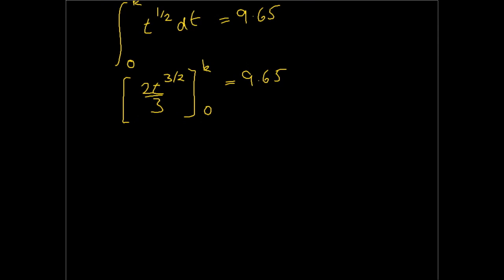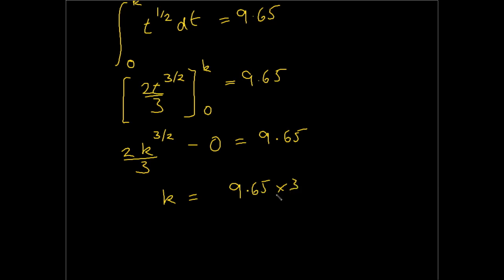So then I can put the limits in, and when I substitute in k for t, that's just going to give me 2k to the 3 over 2 over 3, and then this would be subtract. When I substitute 0 in here, I would just get 0, so subtract 0 is equal to 9.65. So then k is going to equal 9.65 multiplied by 3 divided by 2, and then to the power of 2/3.